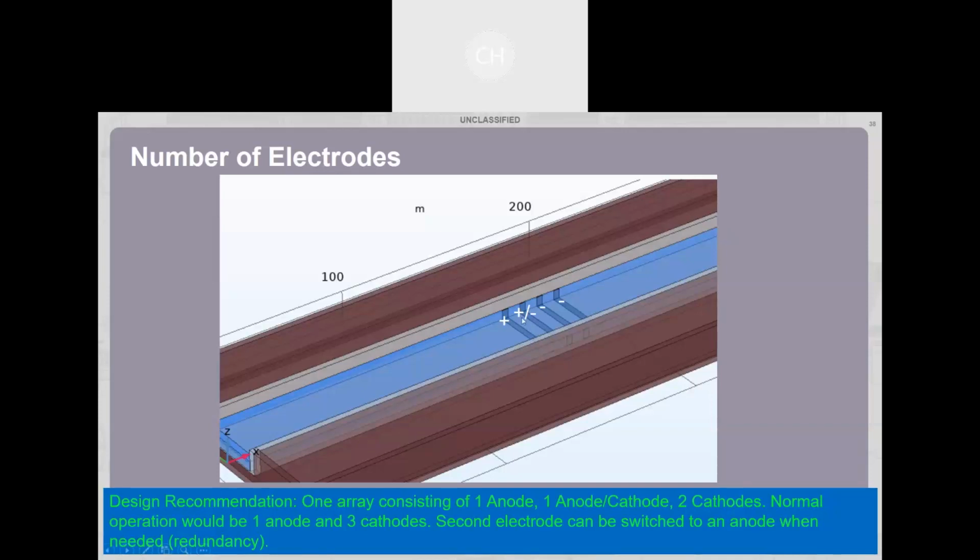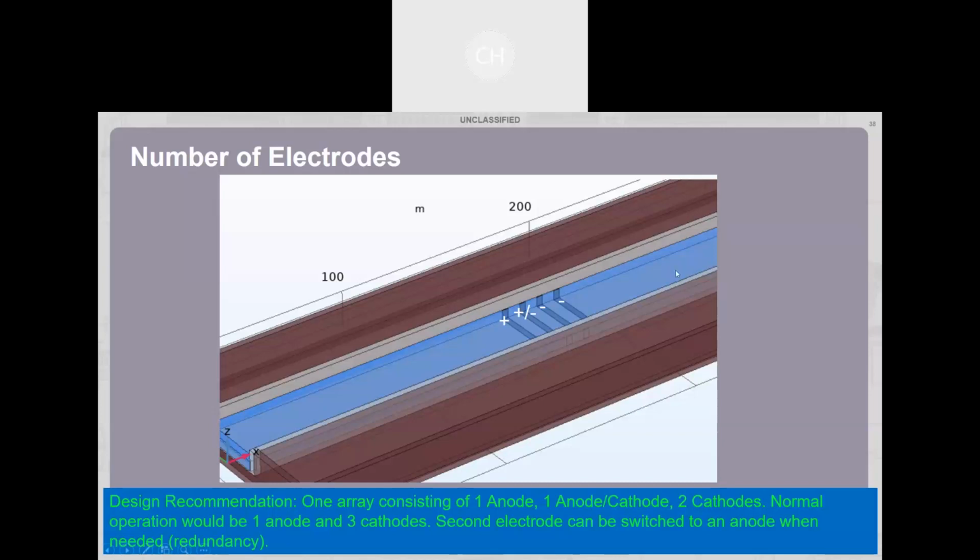So we talked a little bit about adding those extra cathodes here, or grounds. One thing that Brandon Road is looking into is the idea of having one of them that can be either an anode or a cathode, so it can either have a voltage or be held at ground.